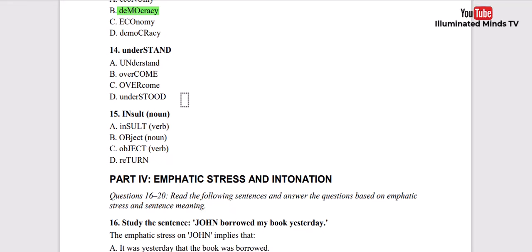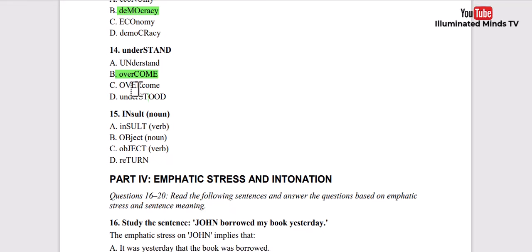We have understand. Understand. With the stand going up. The stress is on stand. The correct option will therefore be what? Overcome. Please don't fool yourself by choosing understood. Why is that? Understand has stress on the final syllable. Overcome similarly has stress on the final syllable.